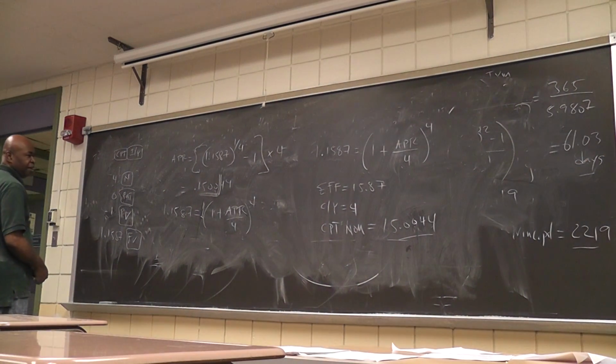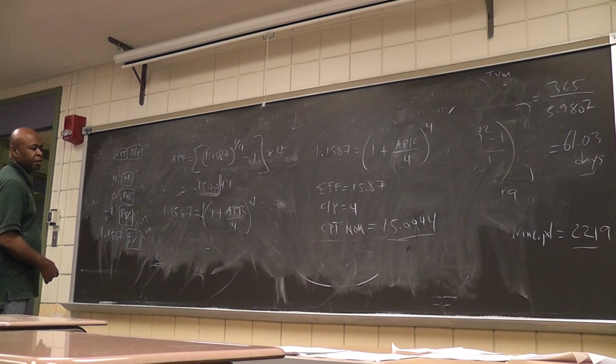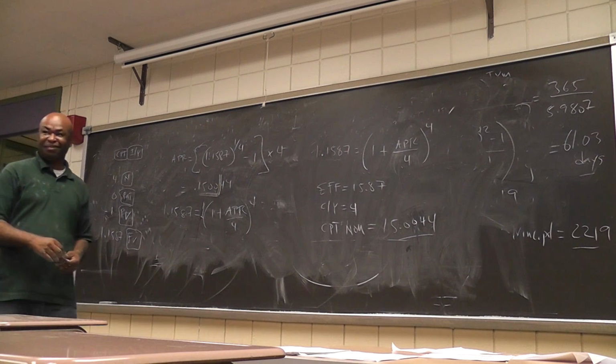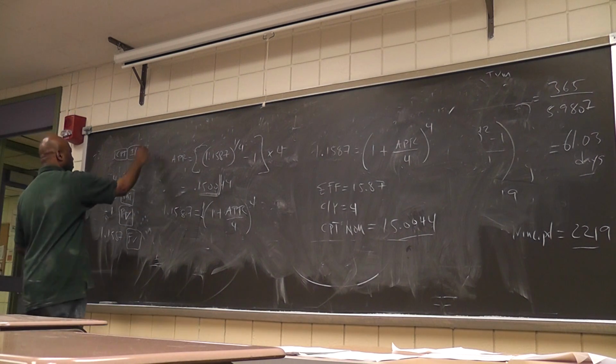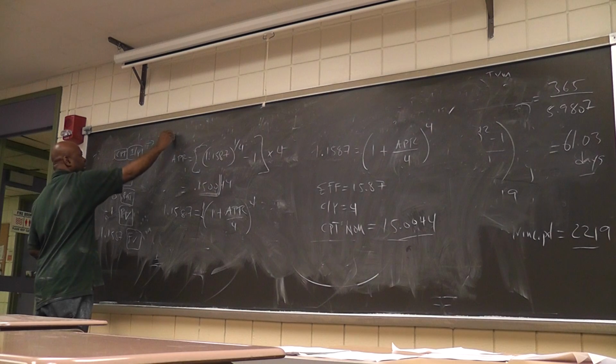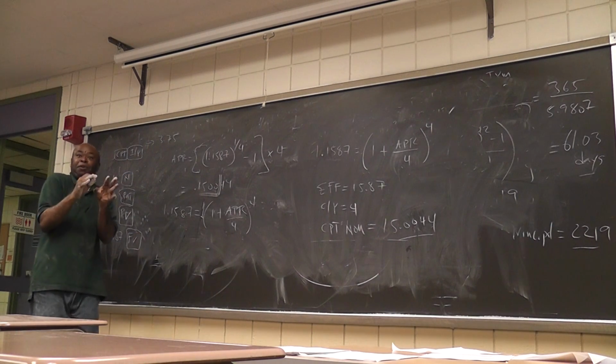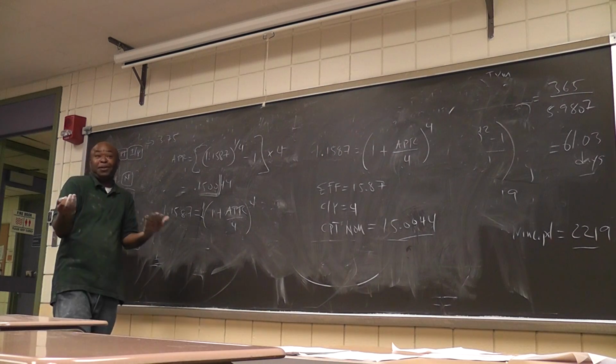So what do you get? I got 3.75, right? Very good. But that's the rate per period, the rate per quarter, because it is your APR over 4. So therefore, what is the APR?